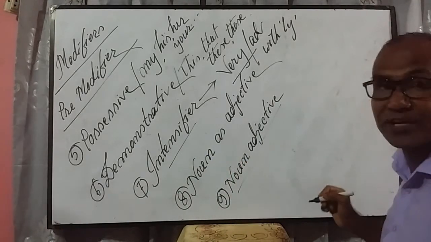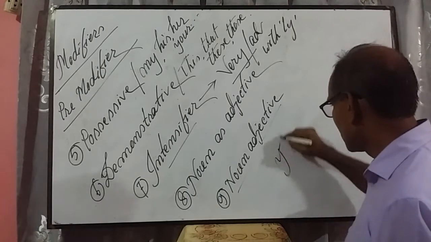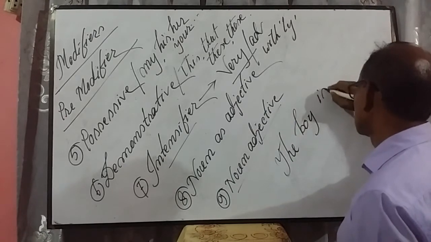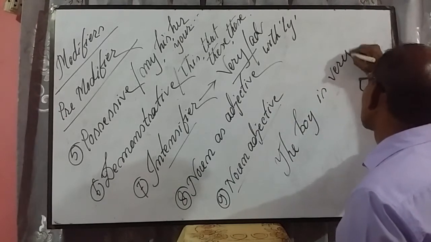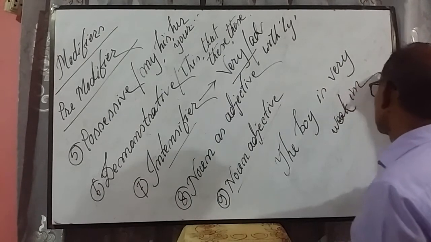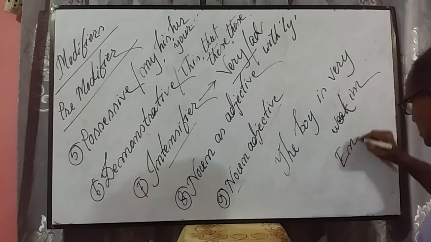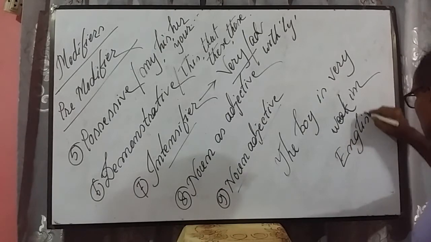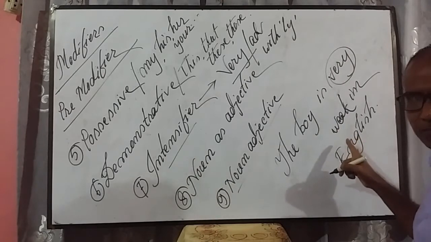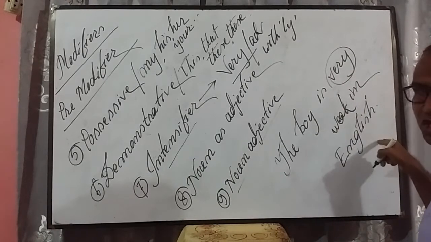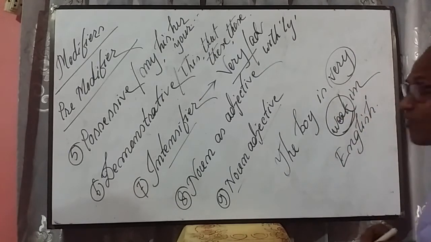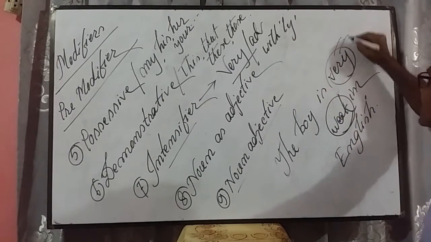Here, I'm going to give you an example. The boy is very weak in English. I could say the boy is weak in English, but weak has been intensified by the word very.